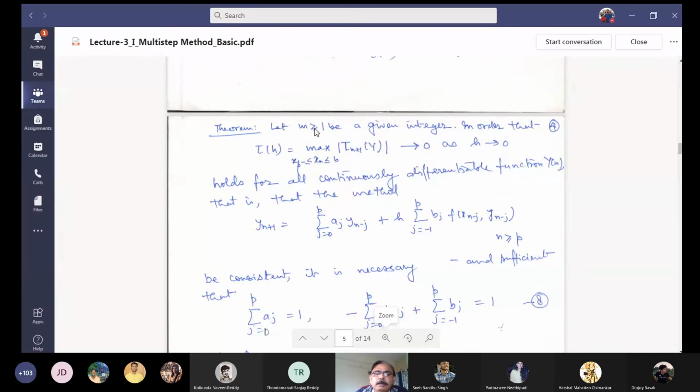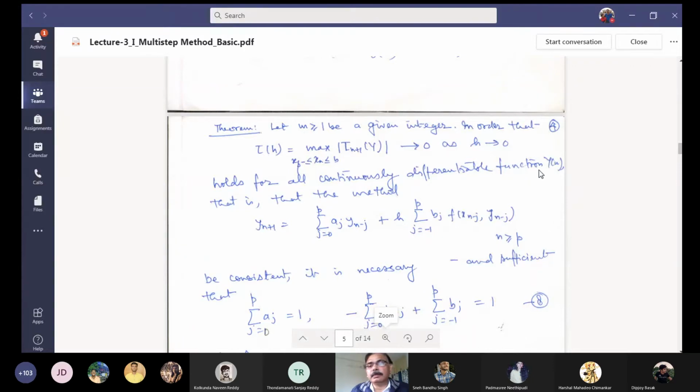So for m greater than or equal to 1, in order that tau h goes to 0 as h approaches 0, this is the theorem: it holds for all continuously differentiable y(x), because y prime is there.